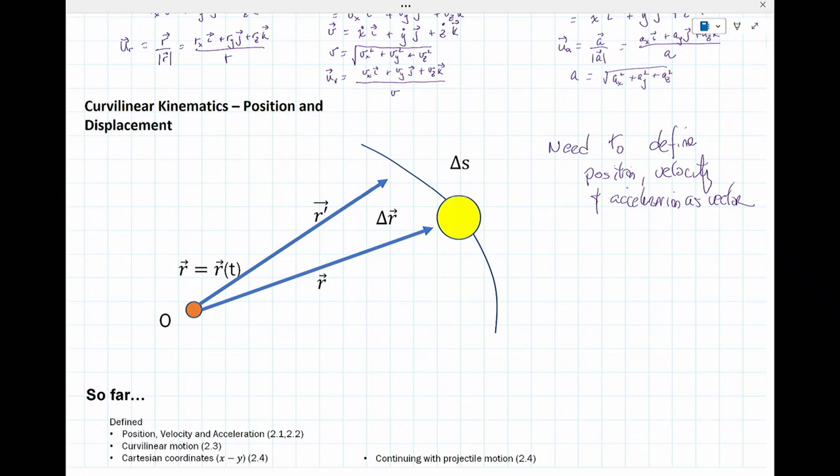Which means I may have to come up with a slightly new thing when I'm dealing with an origin over here and a curved path motion.